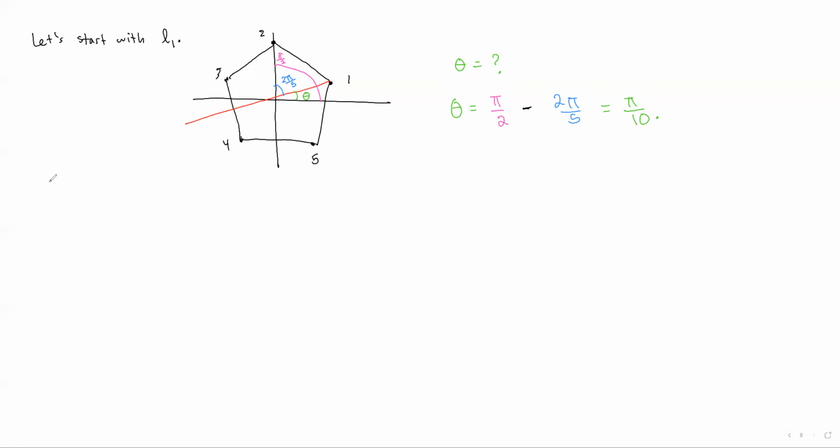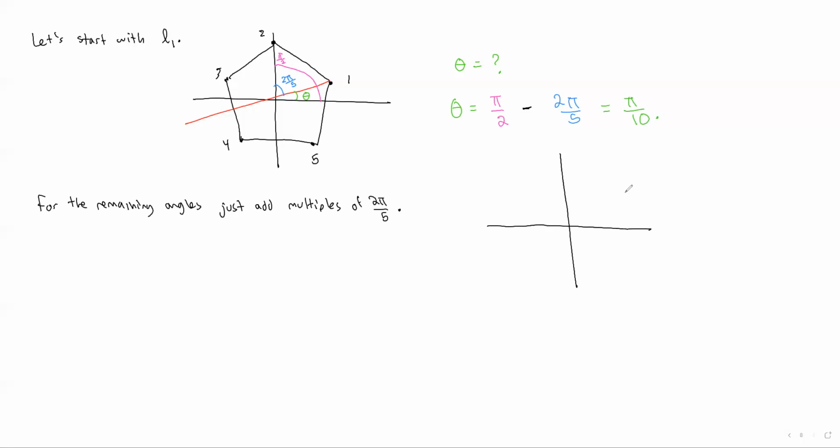And then the remaining angles are easy. Just add multiples of 2 pi over 5. So for example, I'll do L2.